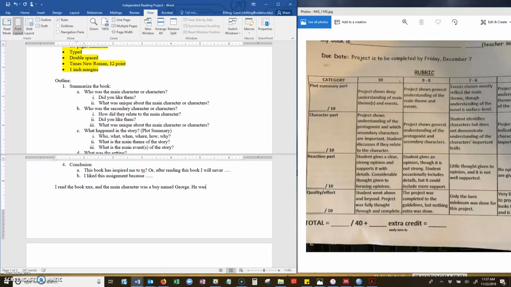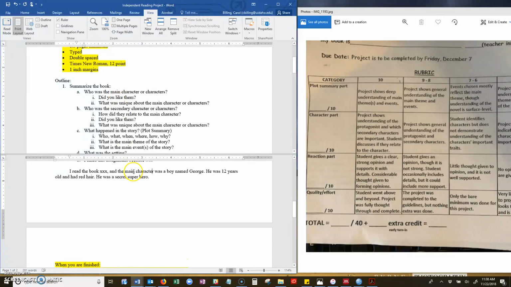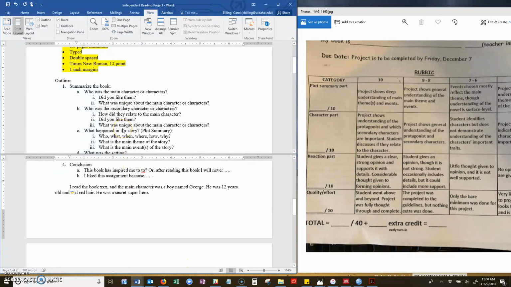He was 12 years old and had red hair. He was a secret superhero. Okay, and then I would go on to say more. Of course, we're going to indent there. So you can see how you're writing it here, but you have the prompts up here. That's a really great way to write, and I use that quite a bit.